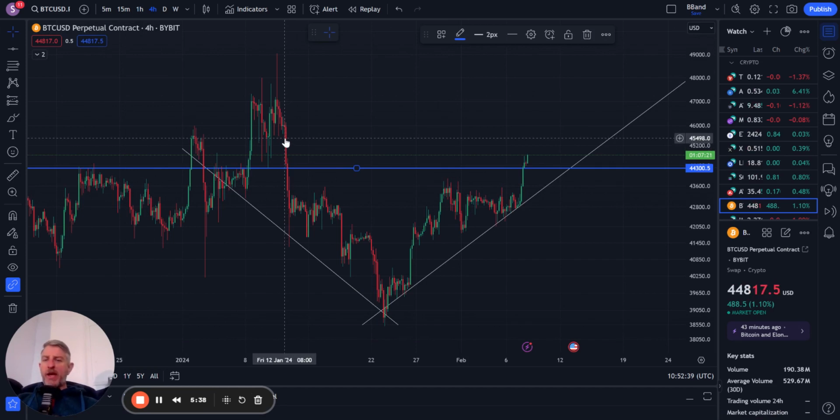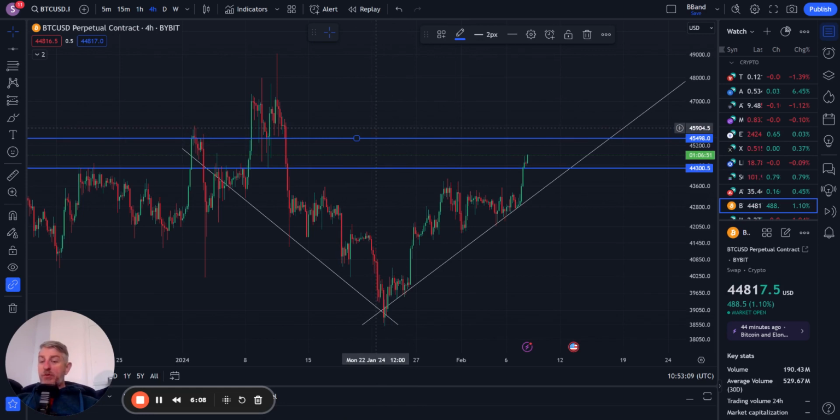Then the next area that I would look for as an interesting area for price maybe to be attracted to would be 46, basically. No, not 46, 45.5. I take it back. It's probably somewhere between 45 and 45.5, and that should probably be treated as resistance until it's broken above and remains above.